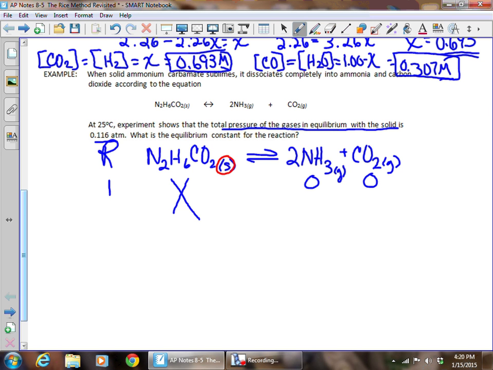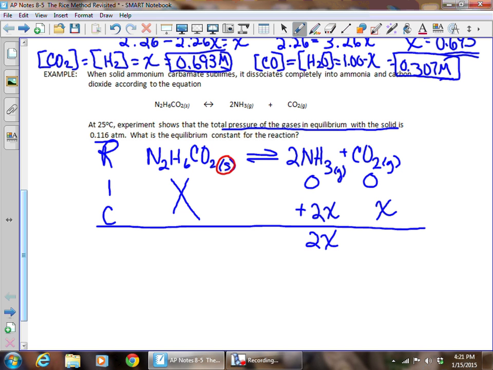Will this show up anywhere in our equilibrium expression? No, it will not, so we don't even worry about putting any values down for it. We are going to put a change down for our NH3 and CO2. We're going to be adding 2x for NH3 and x for CO2. So our equilibrium values are going to be 2x for NH3 and x for CO2.